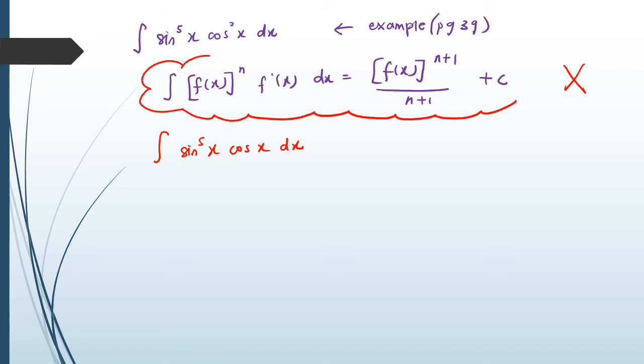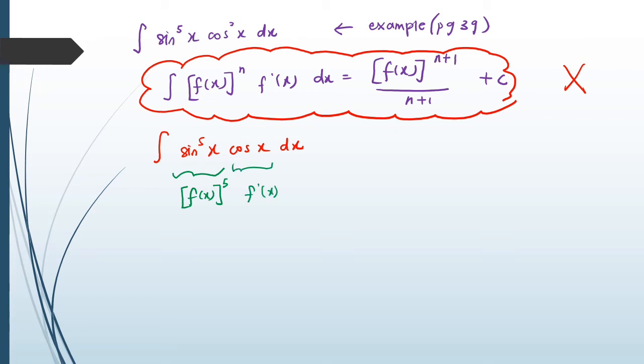Reason being, the part that is with power should be taken as f(x), and therefore for this case f(x) to the power of 5 equals sine to the power of 5x. What do I get if I were to differentiate sine x? I would be getting cos x, and it is exactly that.